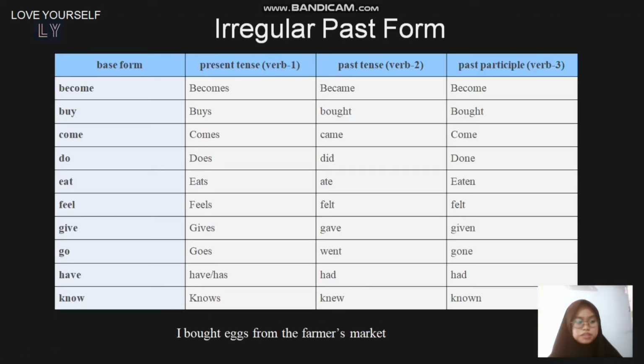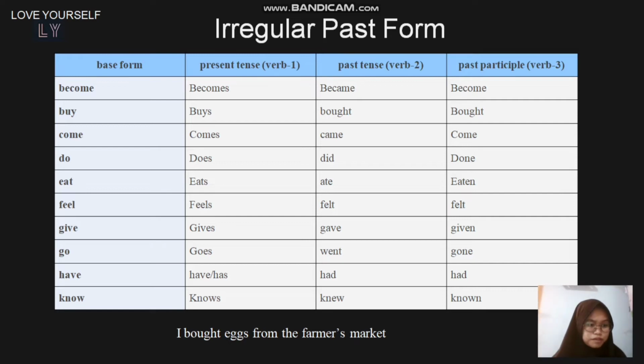Next problem, irregular past form. Irregular verbs are verbs whose past tense and past participle are inconsistent, meaning that the past tense and past participle cannot be obtained in the usual way by adding ed or d to the verb infinitive as in regular verbs.